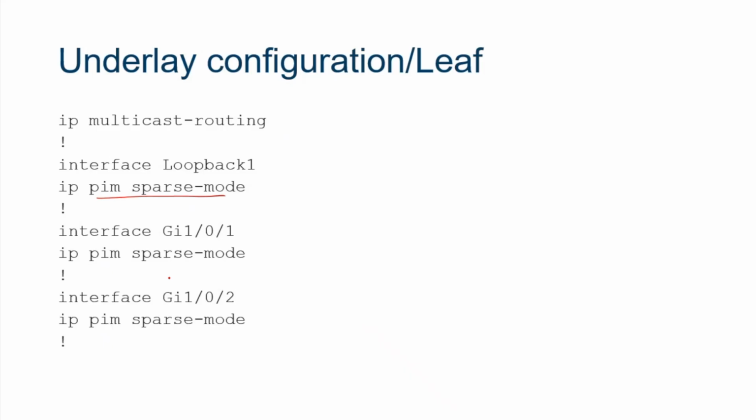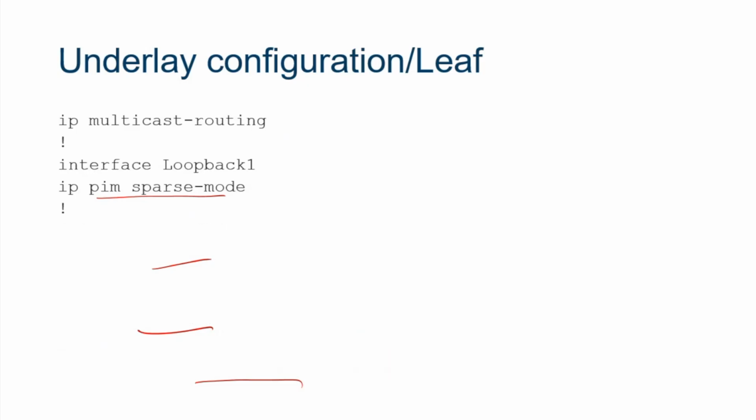Your PIM is not going anywhere. Even though we are using MVPN, you still need to configure PIM. You still need to configure underlay RP address. This RP and the RP I was talking about previously are two different things. This is underlay RP. Earlier I was talking about overlay RP.